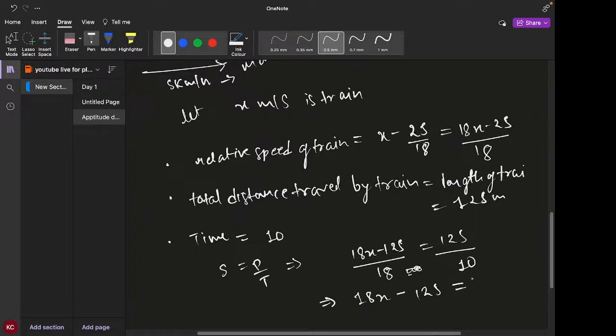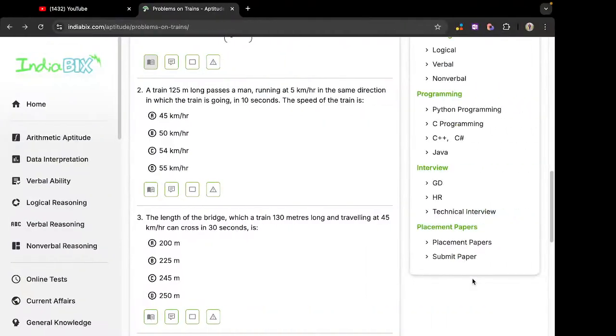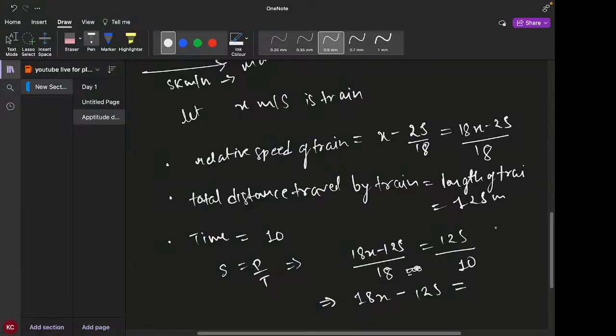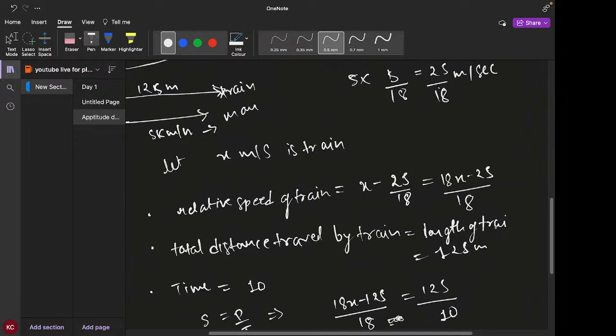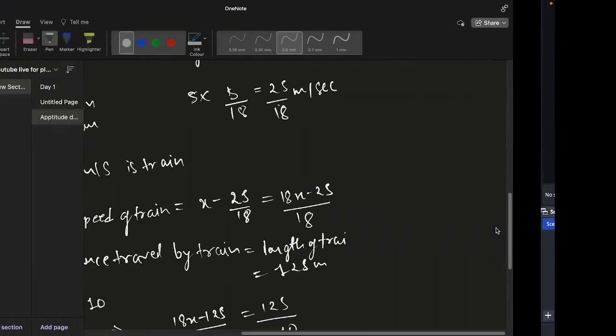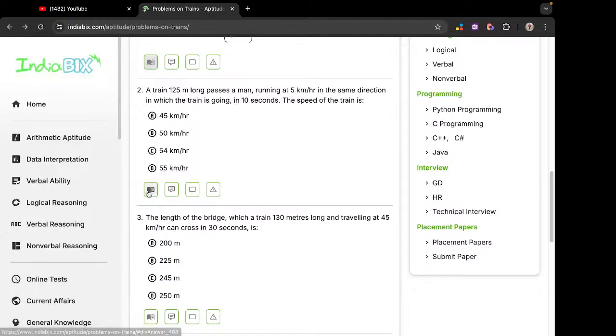That will be more complicated for me. Why is it like this? If I multiply this, then it will definitely take more time. Or if I do it by kilometer per second, let me see the solution.